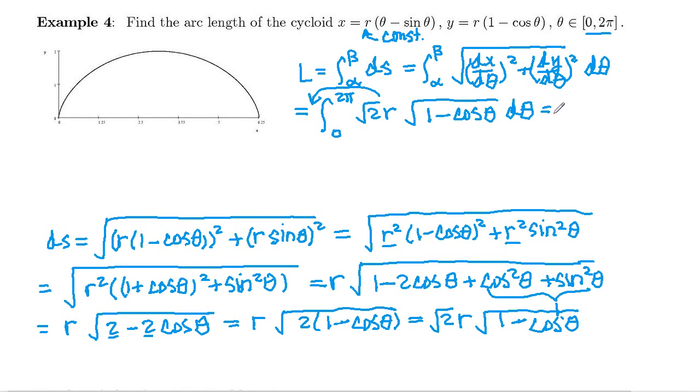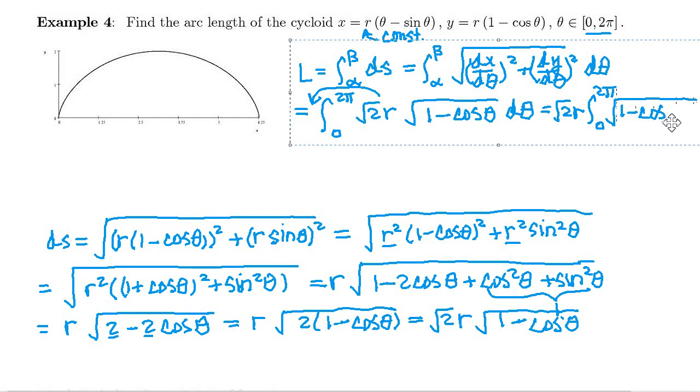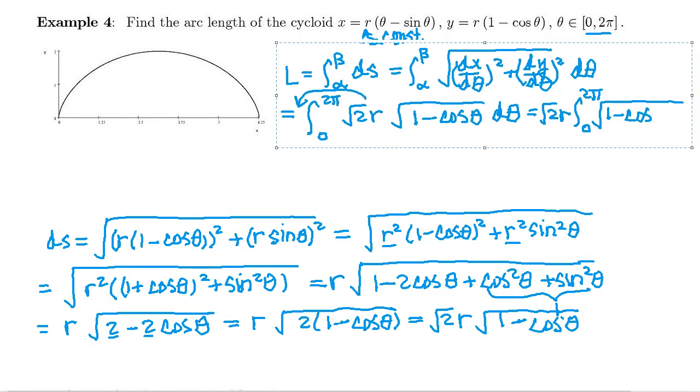So I want to bring my root 2r on the outside, and then this will be the integral from 0 to 2 pi, and then the square root, and I want in there 1 minus cosine of 2 times theta over 2, d theta.